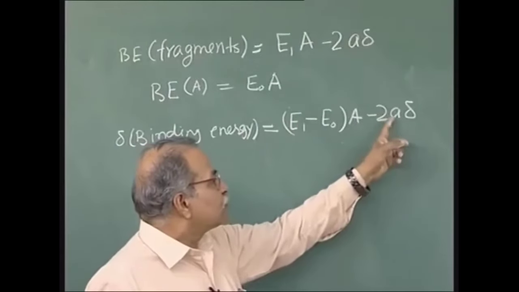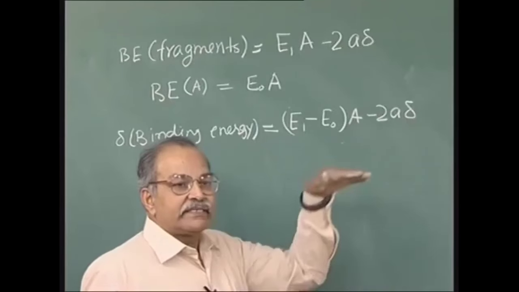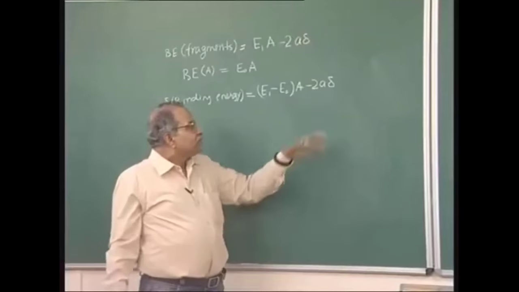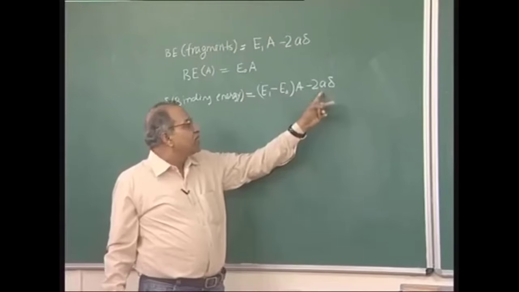Now, the energy released is reduced by this minus 2 a delta term, if you have this small a.